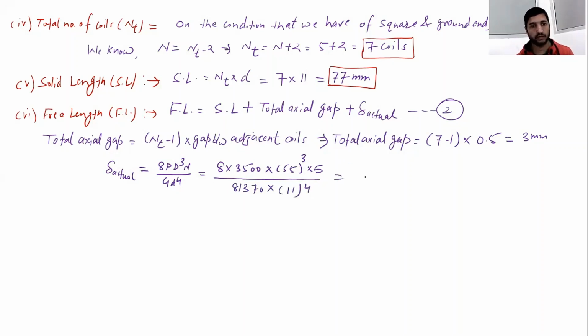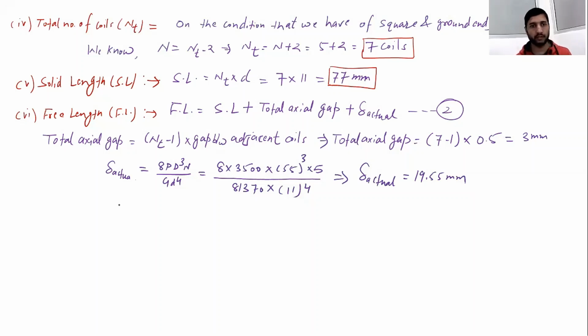So when you solve this, you are getting your actual deflection as 19.55. So see, 5 mm was given, but actual deflection is coming out 19.54.